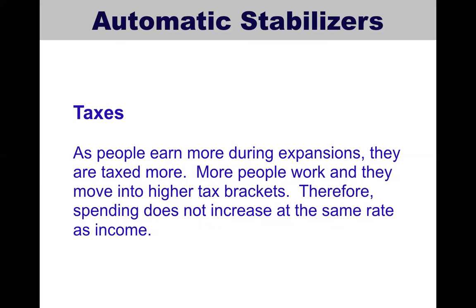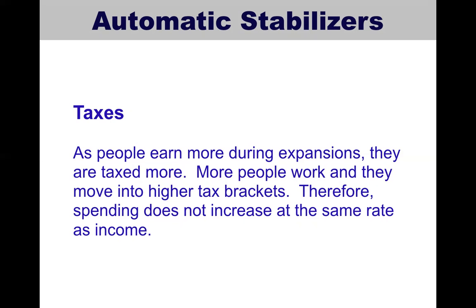Now, the easiest way to understand how taxes are an automatic stabilizer is to think about the boom cycle. During the boom cycle, people are going to earn more money. Ultimately, you've got more people at work, right? Unemployment is low, so everybody's working. You also have people being promoted, earning higher wages because they're getting moved up to higher level positions.